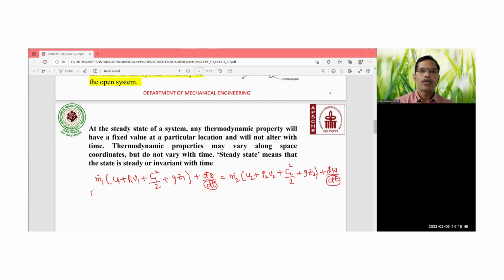This is more convenient only when a single stream of fluid is involved, and the energy flow per unit mass is the basis.